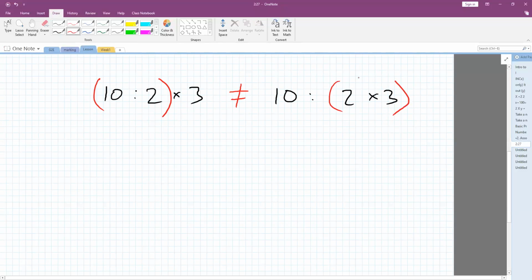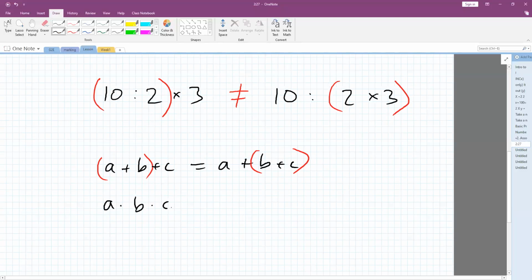So usually if the operation is just addition or multiplication, yeah, therefore you can always do a plus b plus c equal to a plus b plus c, and then you move the bracket. Or if you have a times b times c, now it gives you also a times b times c.